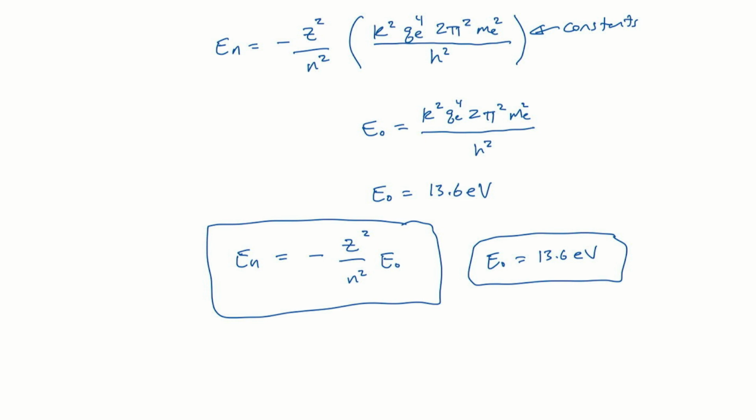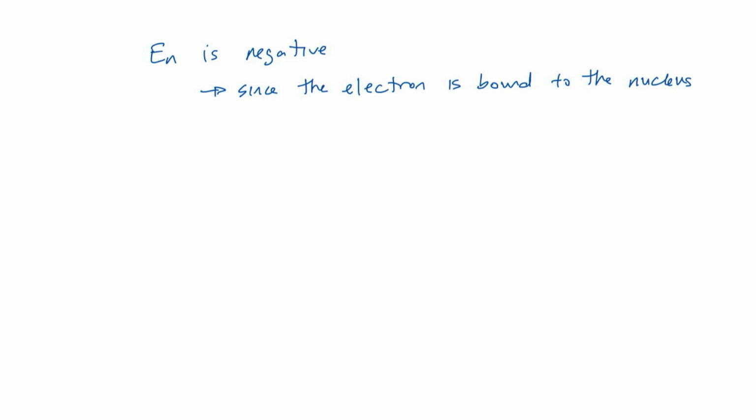Okay, so the E sub n is negative. Let me just go to a new page. E sub n is negative, and that is because the electron is bound to the nucleus. So since the electron is bound to the nucleus, we need to add energy to liberate it.